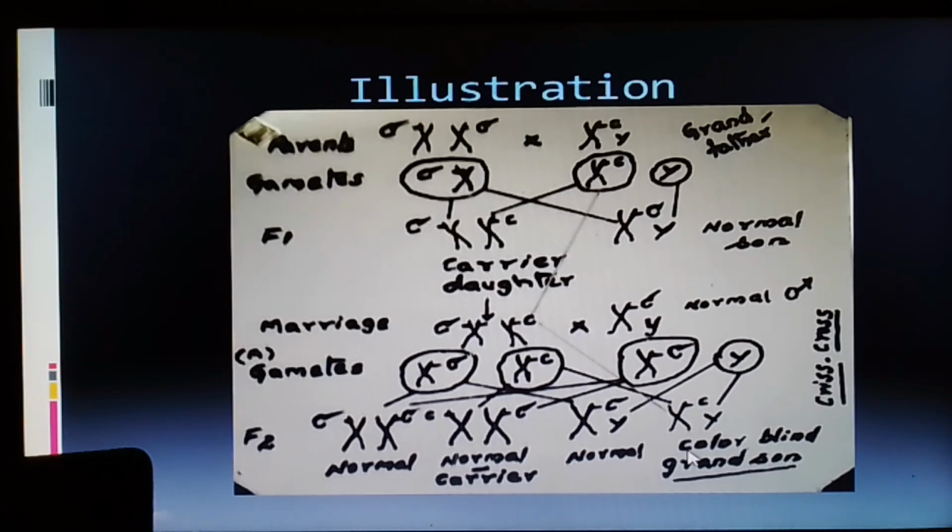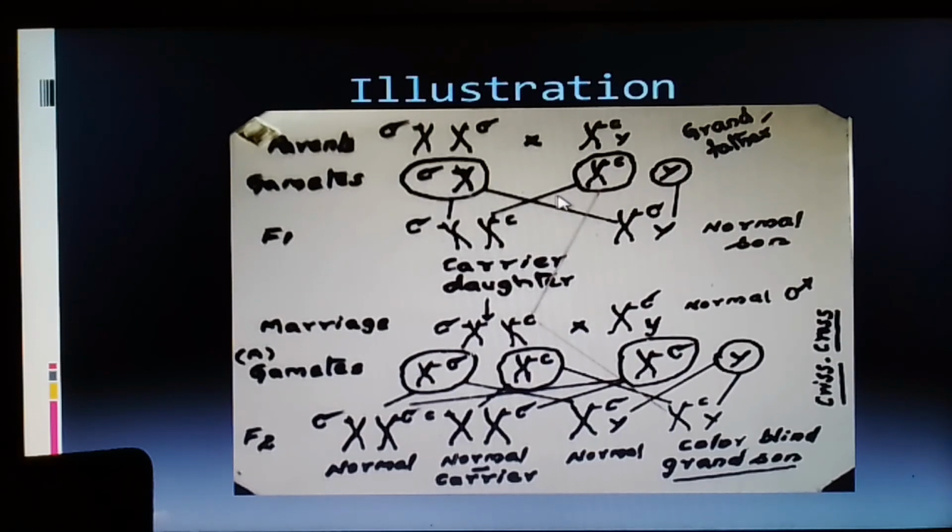So here you assume a color-blind grandson to a color-blind grandfather. This should be properly seen here. The small c character present with the grandfather is not passing through his son to the grandson.